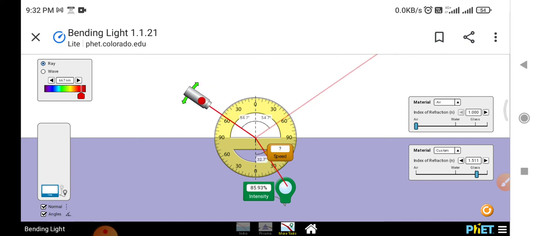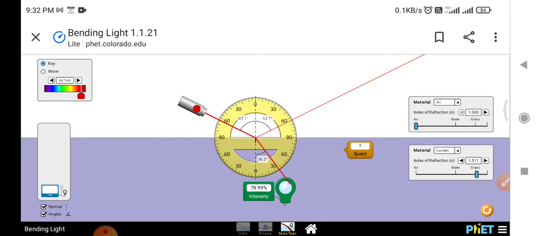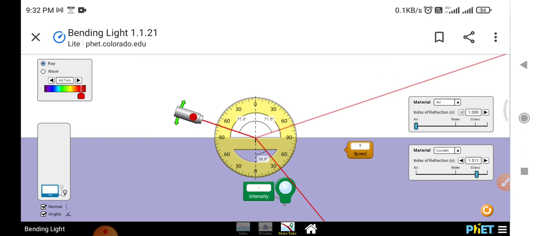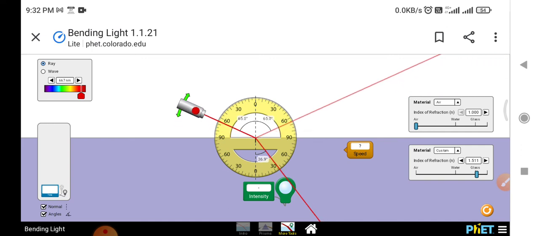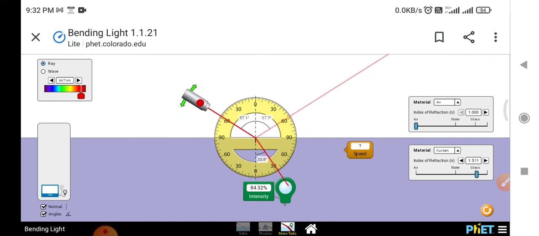If I change the angle of incidence, the angle of refraction also changes. See, when I change the angle of incidence, the angle of refraction and reflection also change.